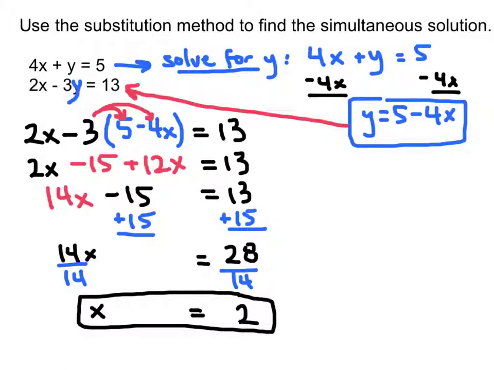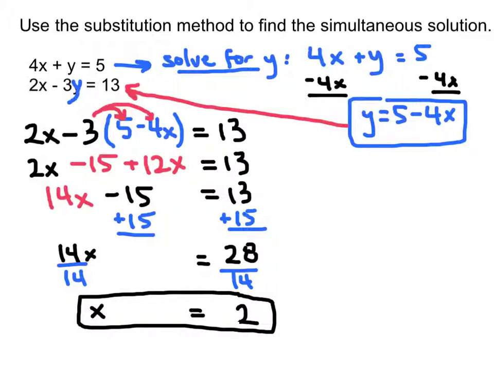And once you know the value of one of the variables, you have the choice to plug that value into either equation to find the value of the other variable. Or since you've already solved the first equation for y, it might be easier to plug it back in for x, and there's less computation involved. So that's what I will do.